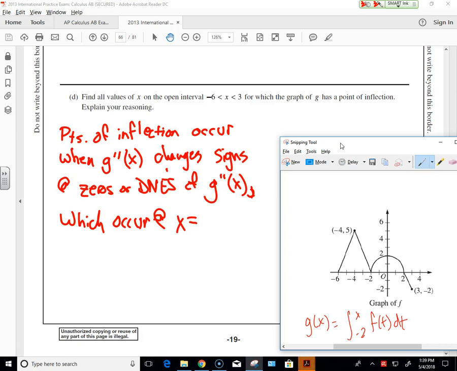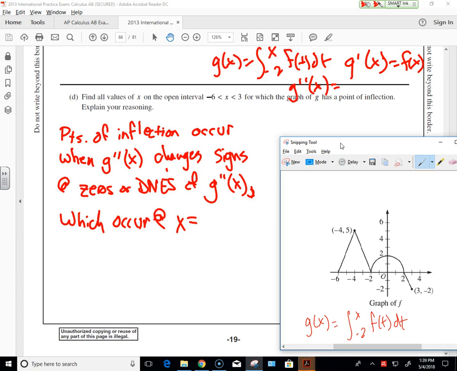I already have my point for my justification, and I haven't even thought about the answers yet. Where will g double prime's signs change? Who is g double prime? g is the accumulator, g prime is equal to f. To get g double prime, take the derivative. So I'm looking where f prime changes signs.